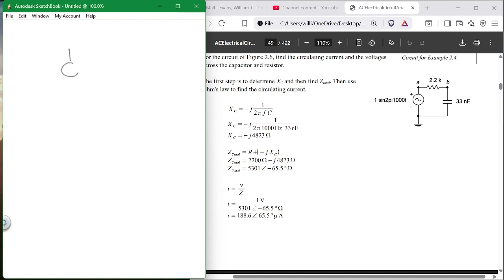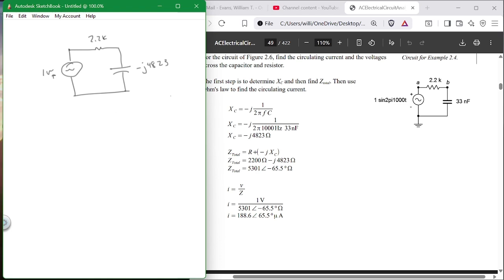So basically, this circuit is like this. It's 1 volt peak. And then up here, you've got a resistance, and over here, you've got a capacitance. But I'm going to write it, instead of 33 nanofarads, I'm going to write minus J 4823, which is exactly what it is. And up here, it's 2.2K.